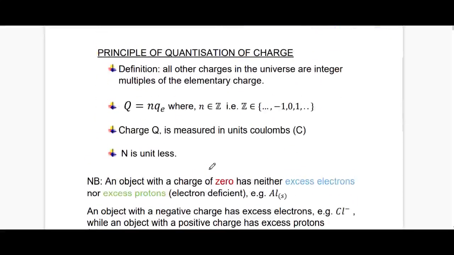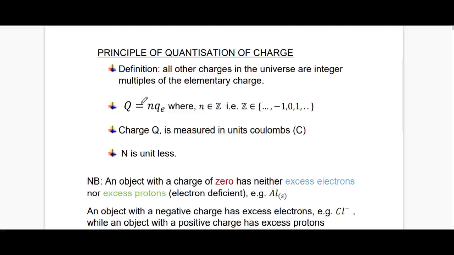Now the principle of quantization of charge. There is the definition there: all other charges in the universe are integer multiples of the elementary charge. Read it again. All other charges in the universe are integer multiples of the elementary charge.